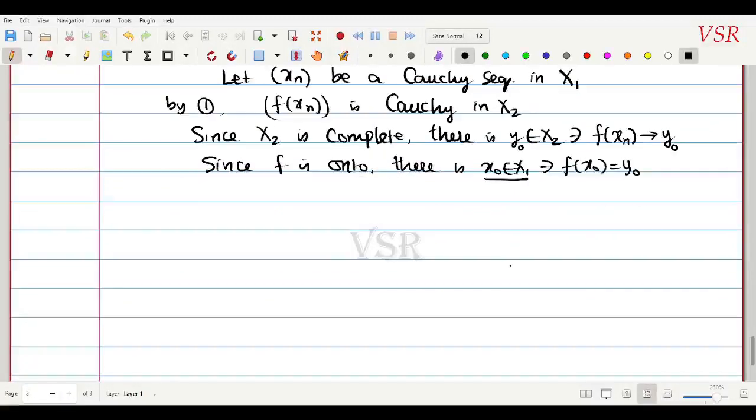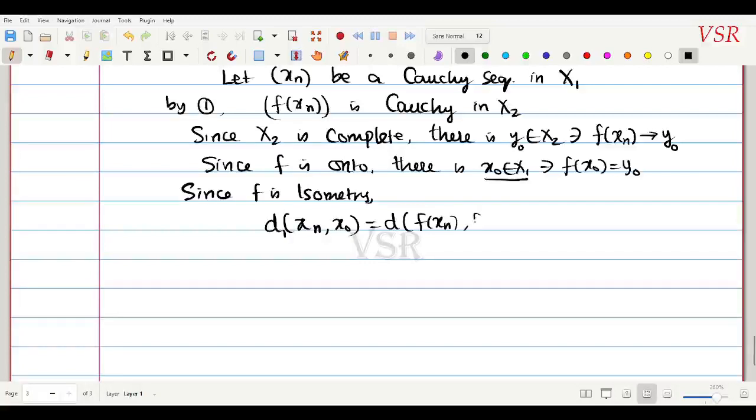அது ரொம்ப சிம்பிள். Since f is isometry ஆக இருக்கிறதுனால, the distance between xn comma x naught is equal to the distance between f of xn comma f of x naught. இது யாரு? f of x naught ங்கிறது யாரு? y naught. This fellow will converge to 0. Hence this implies that xn converges to x naught. அப்படின்னா என்ன அர்த்தம்?